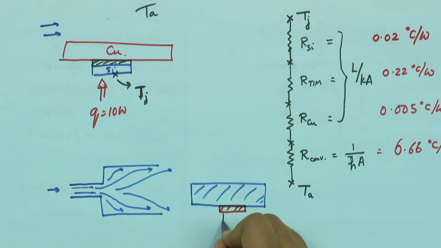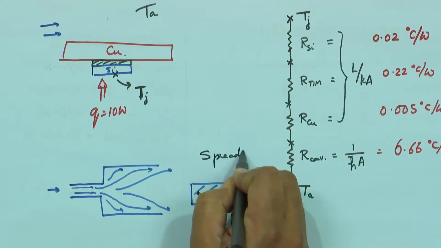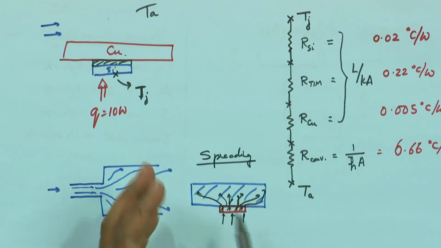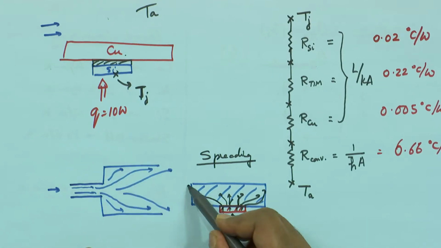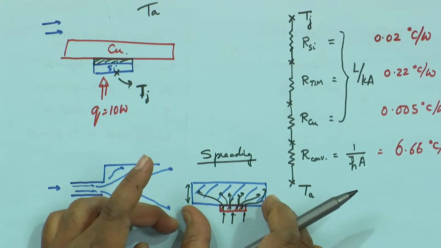If I look at my heat flux lines, it will flow parallel through this, but after that it is going to take some distance, so this is spreading. What does it mean? It means that the heat throughout this thickness does not flow through the full surface area that is available.